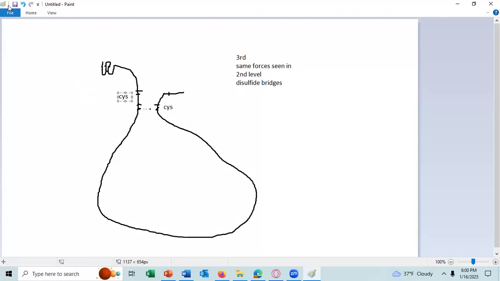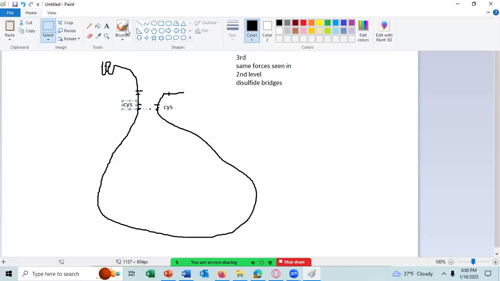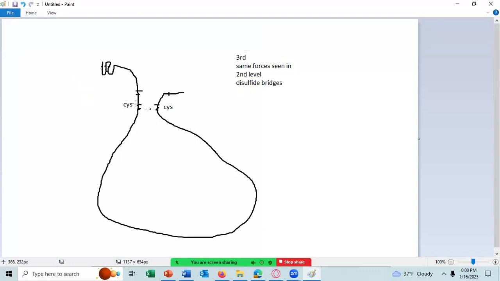So two cysteines. That cysteine here, and this cysteine here. They have a hydrogen on them, which I'll have a hard time drawing in here, but we'll just put a sulfur.